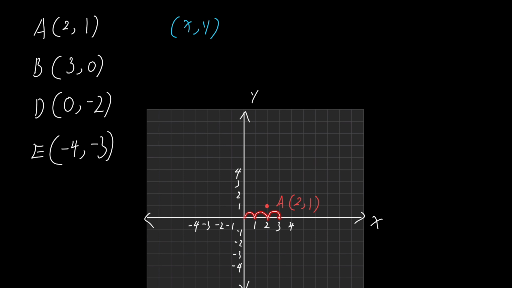But let's say if y is 2, then we would move 2 units up or down. But in this case, it's 0, so we don't move at all. This is where we are. And it's B, and the address is 3 comma 0.